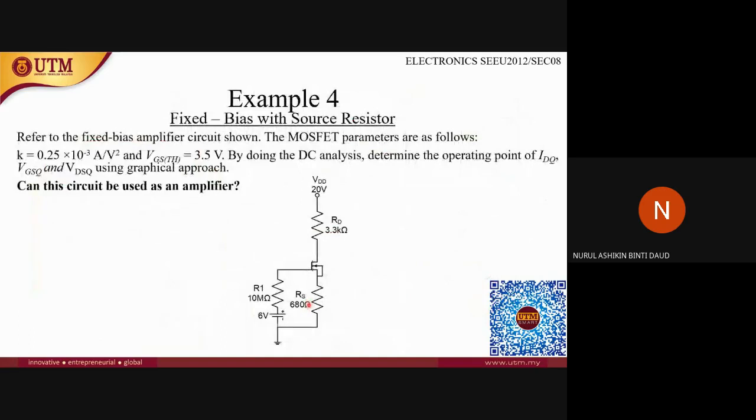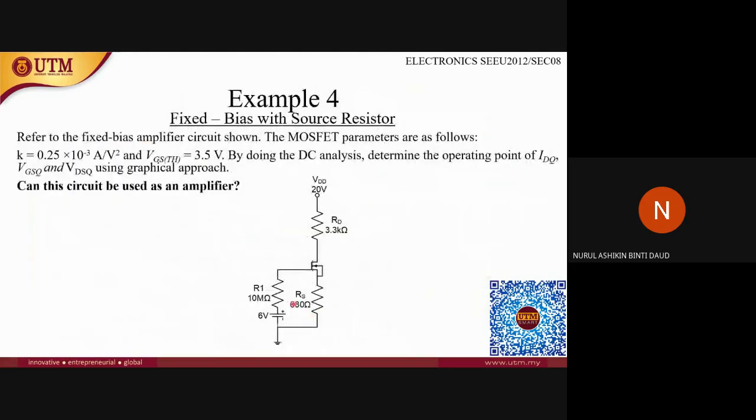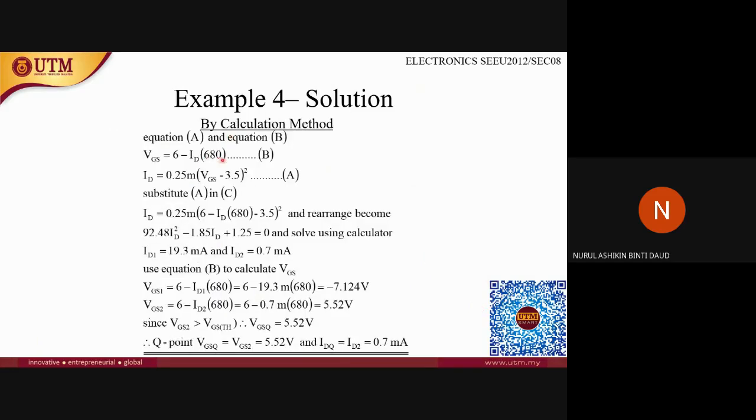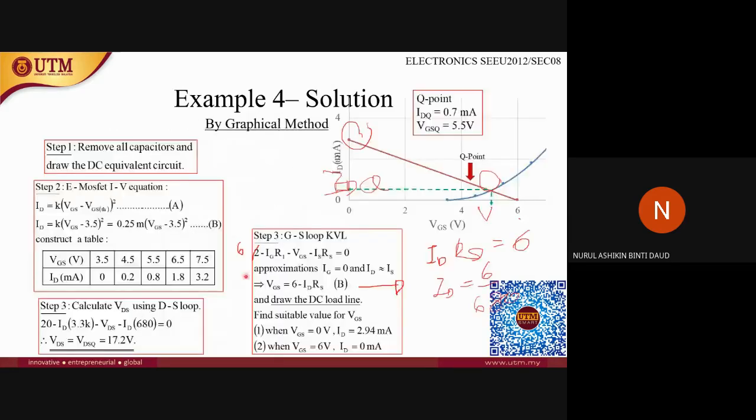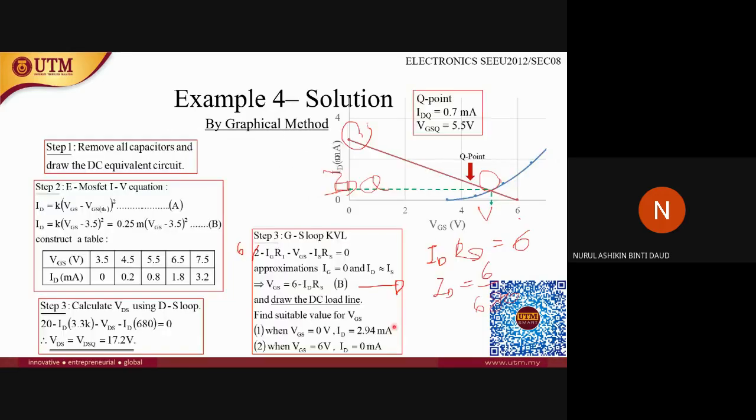Okay, so this actually comes from this loop. Why doesn't it consider this resistor in this loop? Because we assume that, same as this, ID is equal to 0. So this equation is given to you, same as just now, same from here.